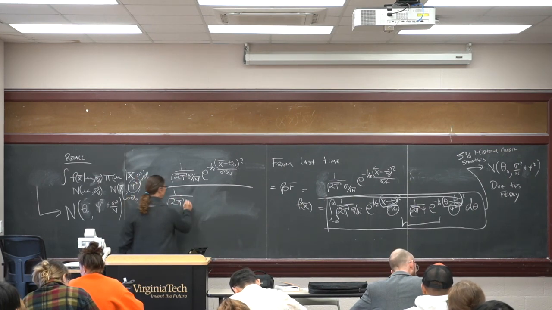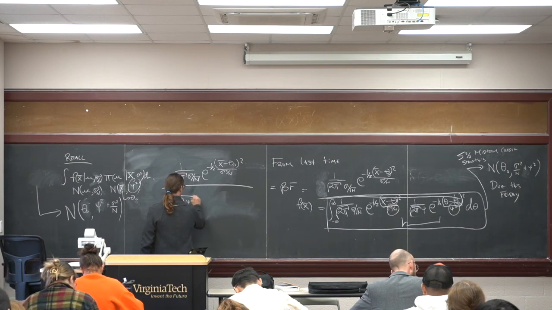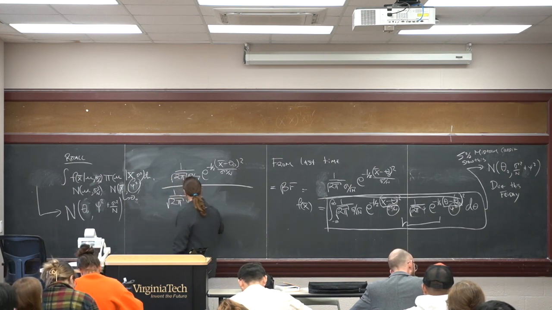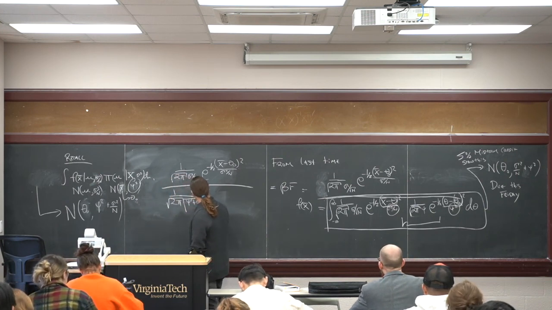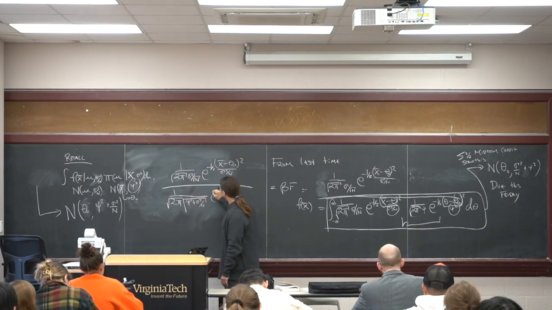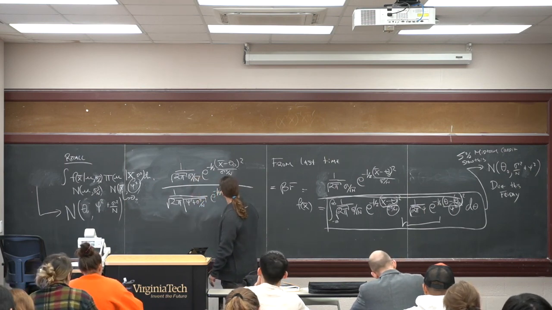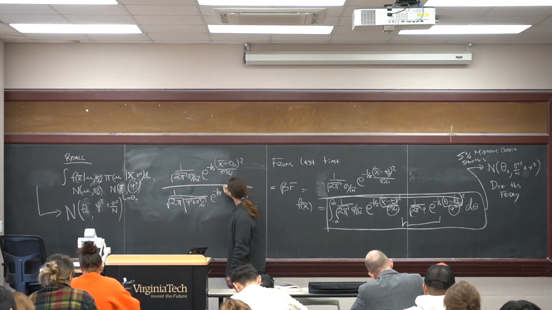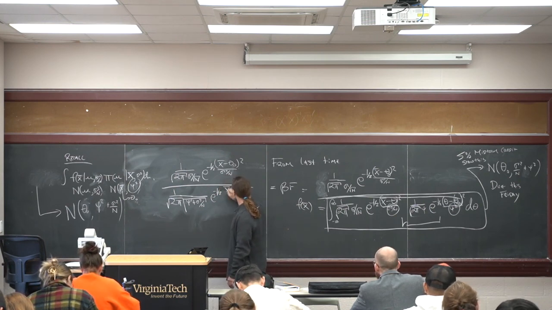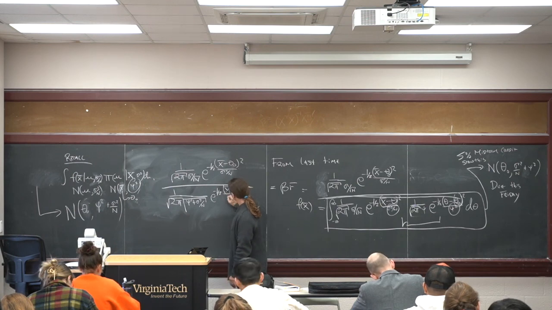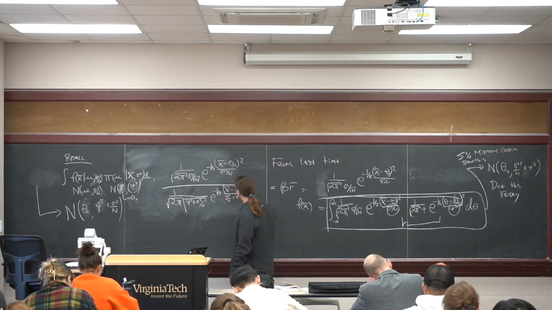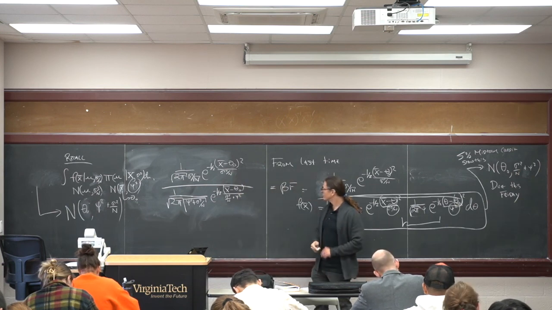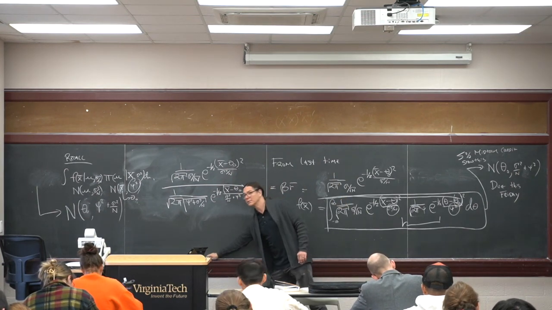So this is going to be the square root of psi squared plus sigma squared over n, e to the minus 1/2 x bar minus theta naught over sigma squared over n plus psi squared. And we can simplify that a little bit.